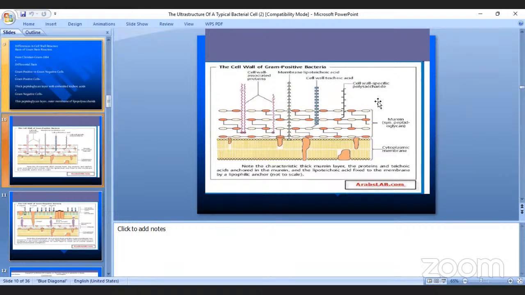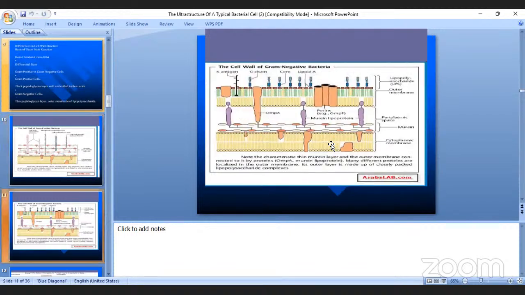In gram-positive bacteria, muramic acid, that is murein, is also present. This is completely murein. These are the polysaccharides, and this is teichoic acid. Is it clear?